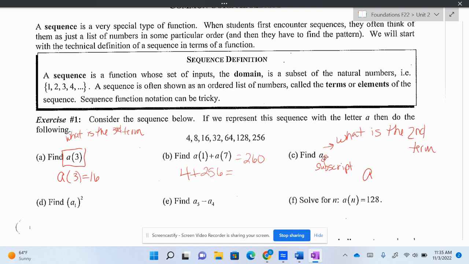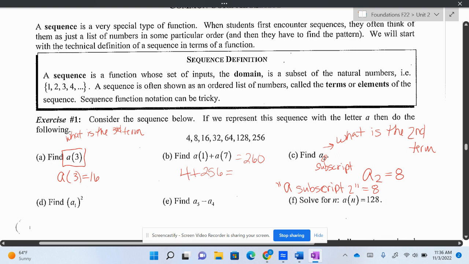So 8. So a subscript 2 equals 8. And that's how we say it. We don't say a squared. We say a subscript 2. Do I need to write that? A subscript 2 equals 8. That way you know how to say it.